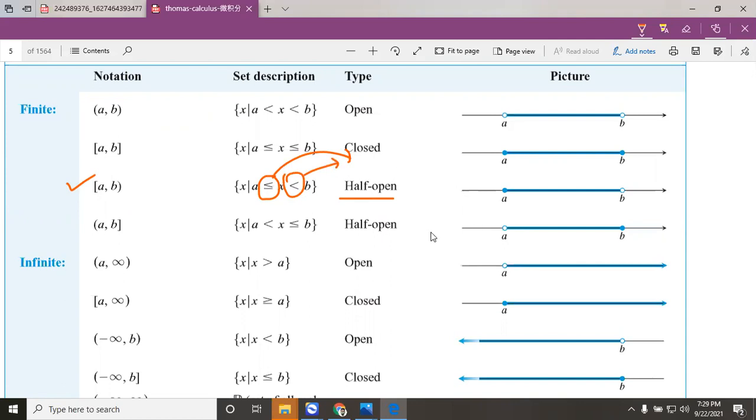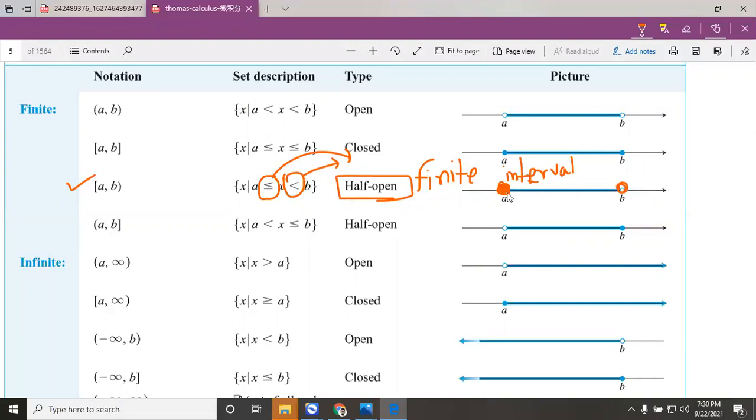So in this case, this is called a half open interval, and this is also a finite interval. So why is this finite? Because we have our value limited from a, including a, until b.